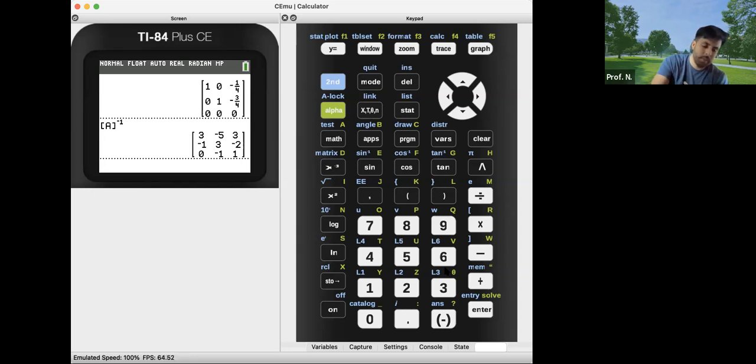So I got my P inverse. And then what is D going to be? So D is kind of dependent upon what P is.